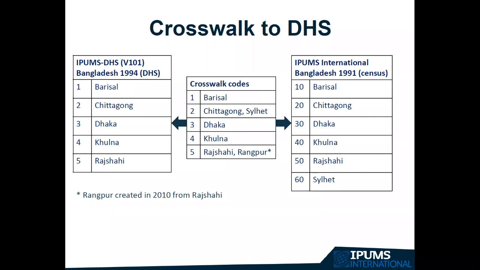So here is the census geography from the census, and then here is the DHS geography, and your crosswalk codes links those two surveys together such that you can use census data in conjunction with the DHS data or DHS data in conjunction with census data.